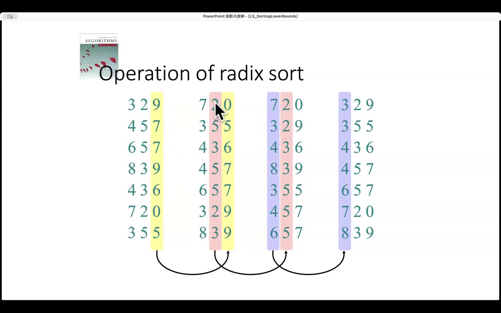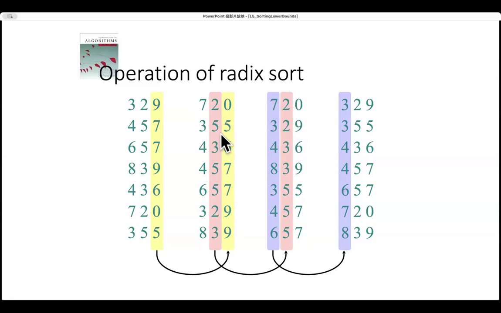Then it's the second digit. In the second digit, you have 2, 5, 3, 5, 5, 2, 3, a lot of repetitions. We have two twos, two threes, and three fives. We put these two twos first, but of these two twos, obviously 720 appears earlier than 329, so we put 720 ahead of 329.